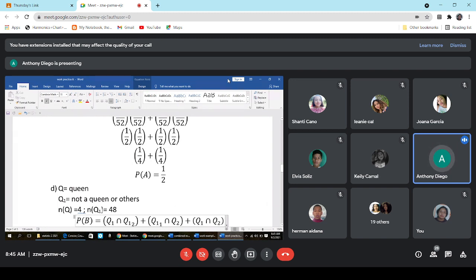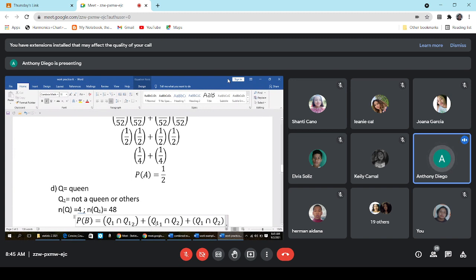So remember, I have Q1 representing not a queen or others, and Q for queen. And this subscript means that for the first pick, we pick a queen. Here, for the second pick, is not a queen.